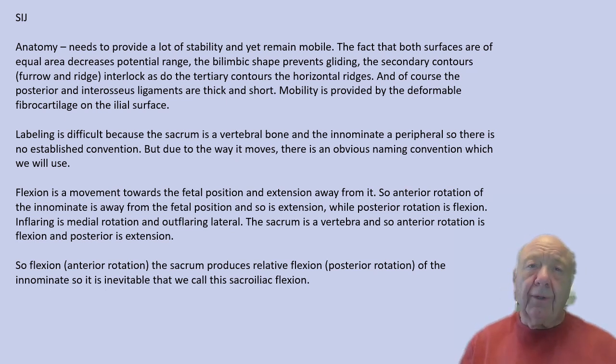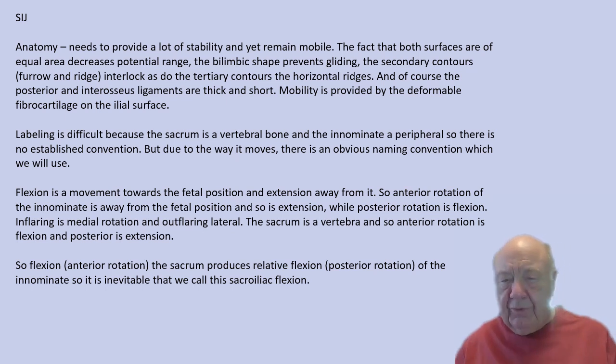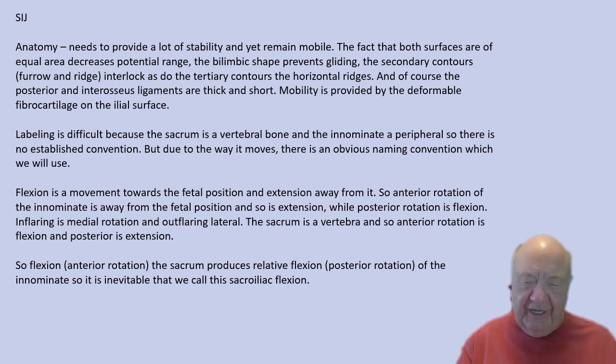Sacral flexion, with the anterior rotation of the sacrum, means that, relatively speaking, even if it doesn't move, the innominate is posteriorly rotating. So flexion of the sacrum is flexion of the innominate. As far as the joint's concerned, it is flexing. And the same type of idea for extension. So the way the bones move actually names the joint movement. So it's not as difficult as it might seem.